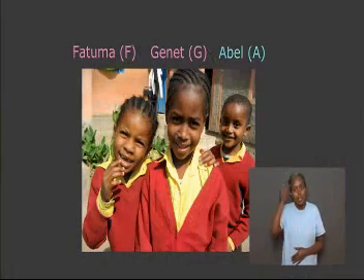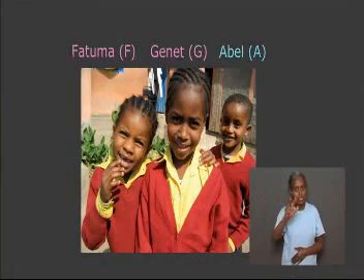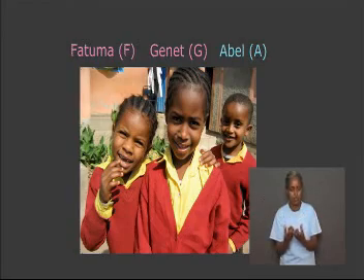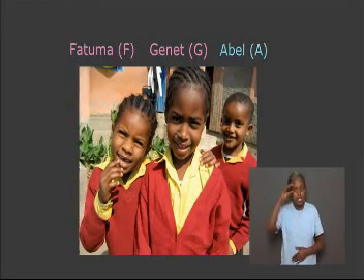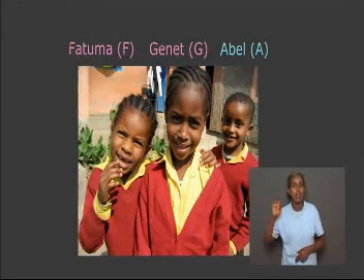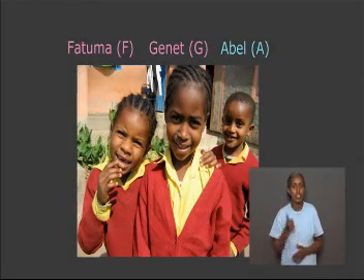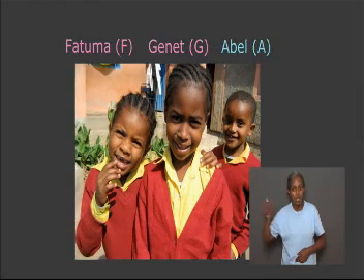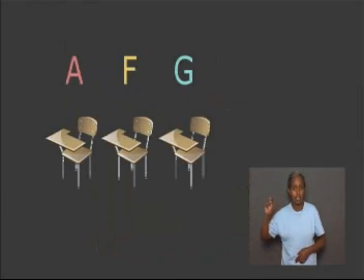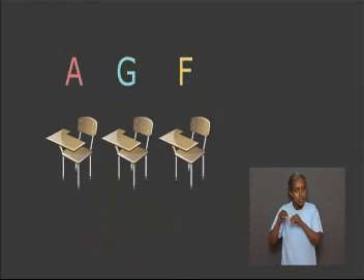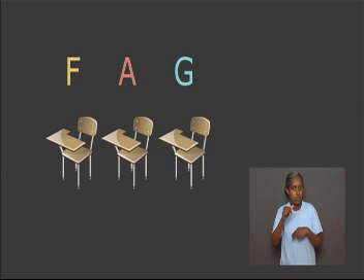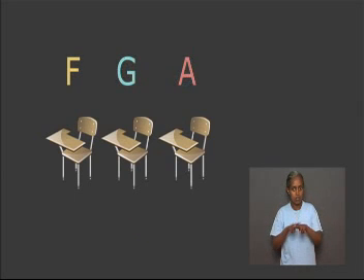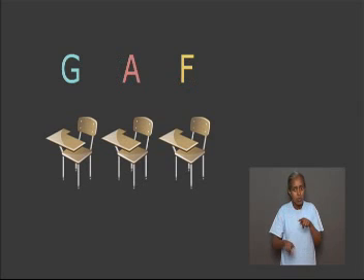Imagine that there are 3 students in a classroom. The boy is named Abel, and the girls are named Fatuma and Genet. The students have not been assigned desks, and they cannot decide which order they should sit in.